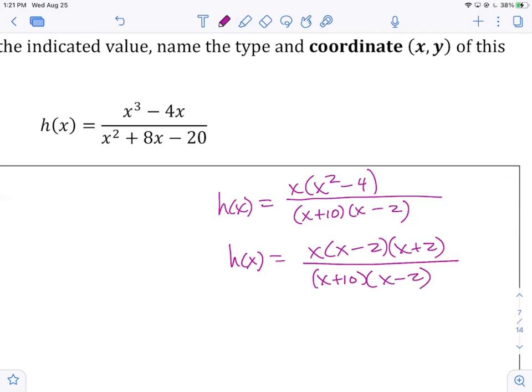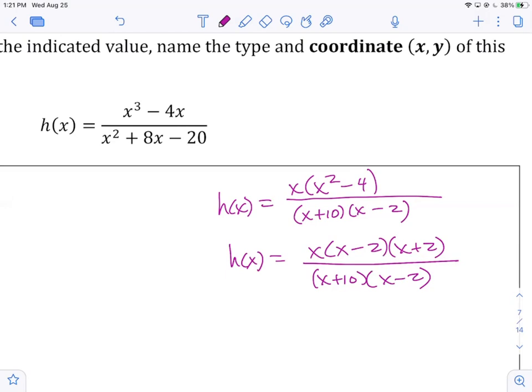It's completely factored. So now, even if we didn't know what the question was asking us, we could probably anticipate what it might ask us because we kind of know the behavior of this thing. We know that there's two values of x that are not in the domain. What are they? Negative 10 and 2. Yeah.